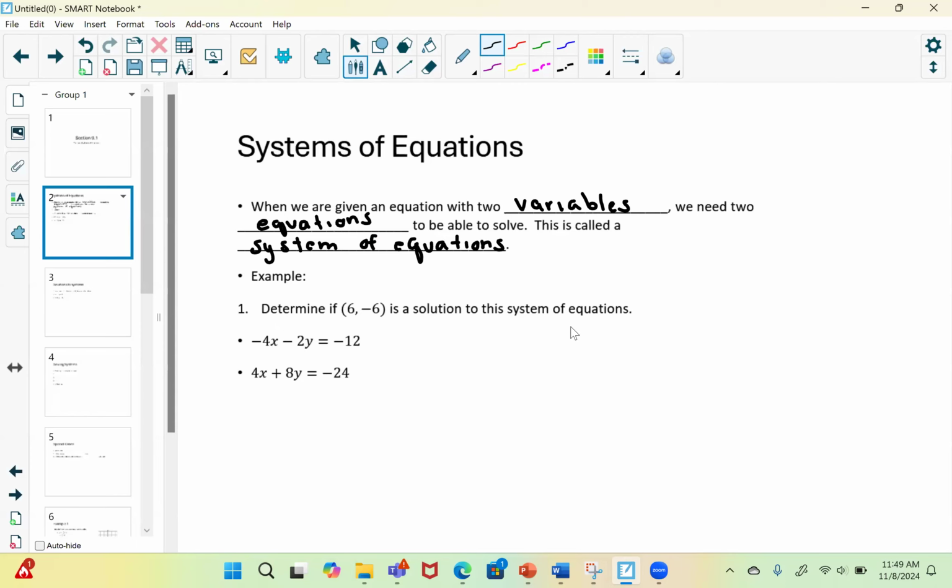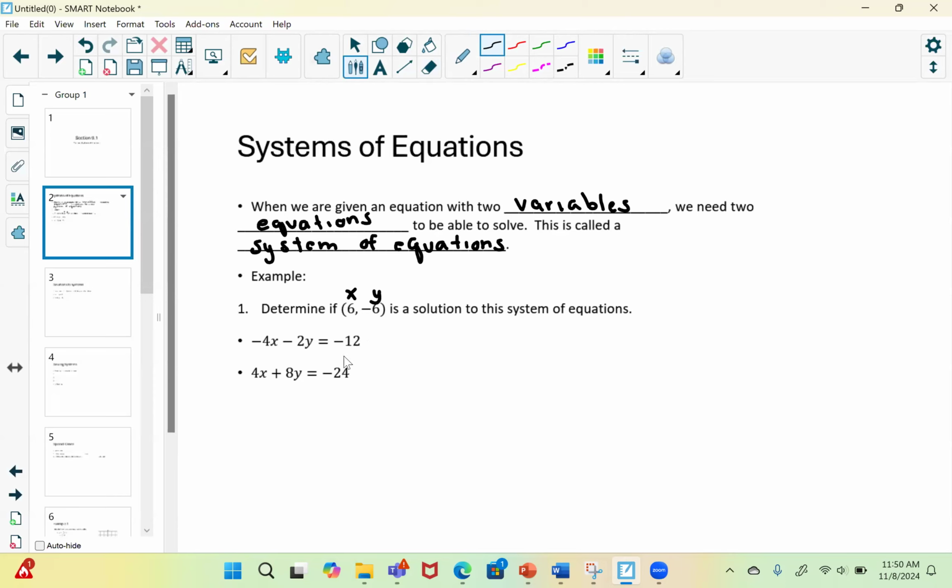And when we have a solution to a system of equations, it is a coordinate point. It has an x value and a y value. In order for it to be a solution, those x and y values have to satisfy both equations. What that means is that when I substitute it in, it has to be equal to the other side of the equation.